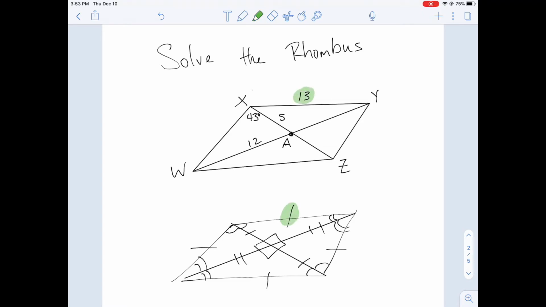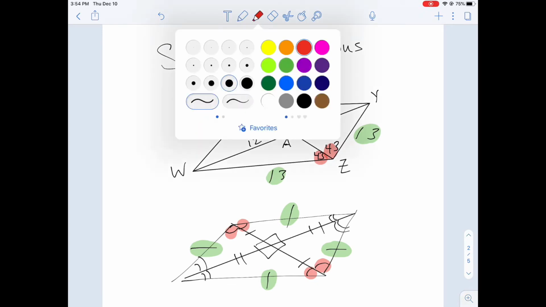Well, probably the easiest one is here's 13. But these all have the same mark, so that means all of these are going to be 13. All right, here's this angle here. But that has the same marks as this, this, and this. So all of those are going to be 43. Keep working your way around.